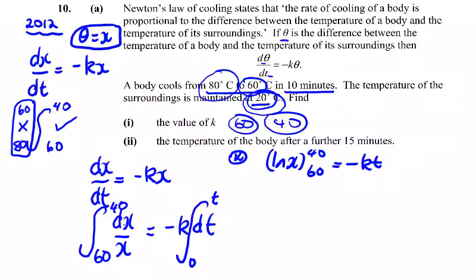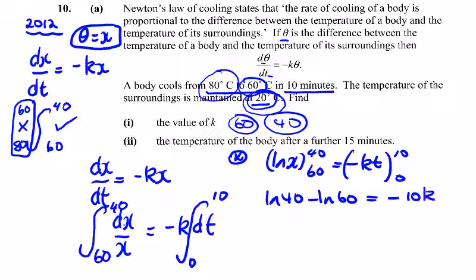Have we got time here? We're told in 10 minutes, so we're actually integrating between 0 and 10. So we're going to get the natural log of 40 minus the natural log of 60 is equal to minus, putting 10 in for t, minus 10k. So multiplying by the minus, we'll get 10k is equal to the natural log of 60 minus the natural log of 40.